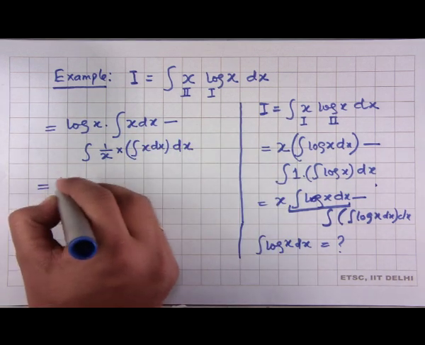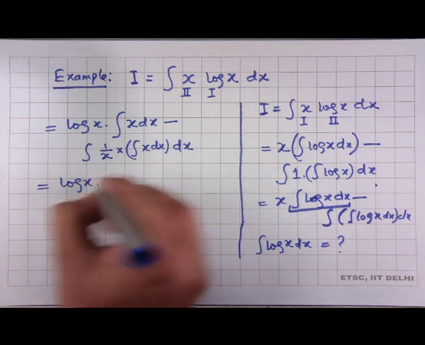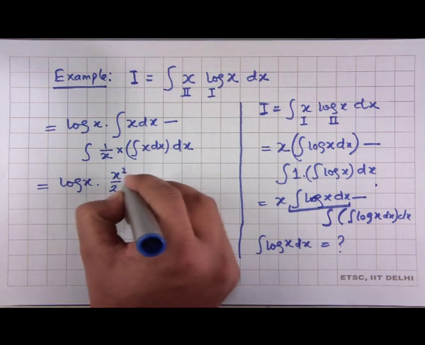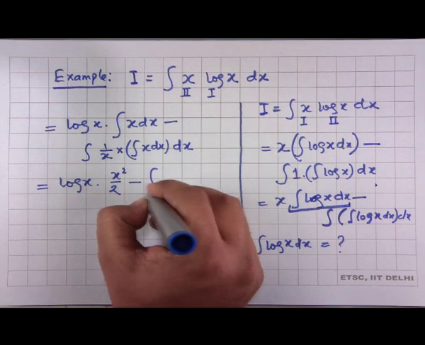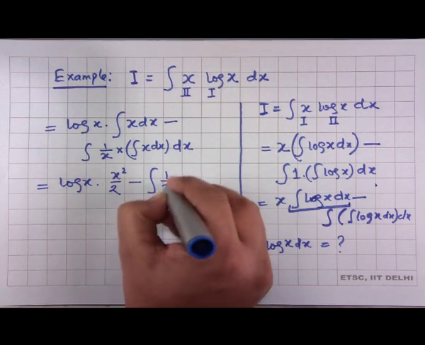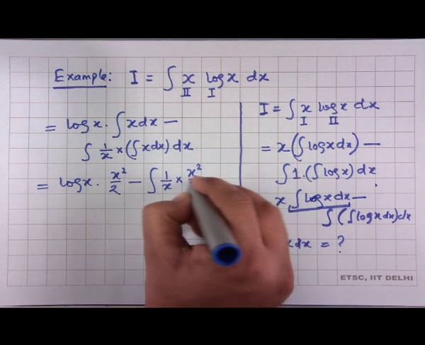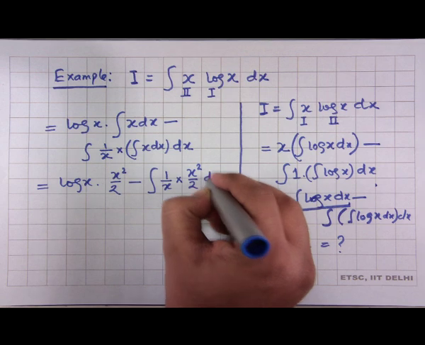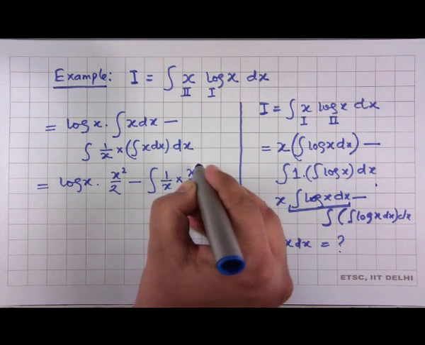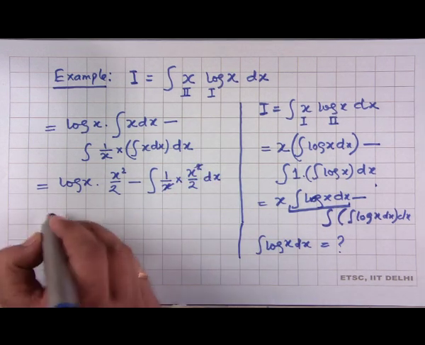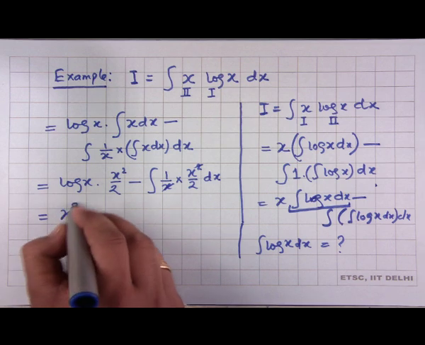This leads us to log x into integration of the second, x square by 2, minus integration 1 by x multiplied by x squared by 2 dx. Notice carefully, this x cancels with x here.